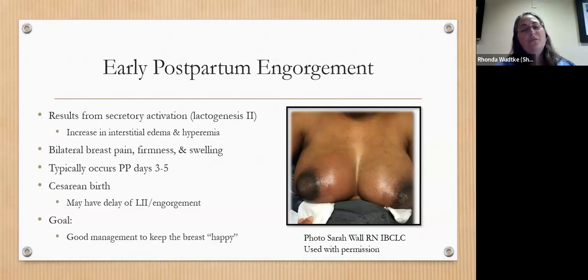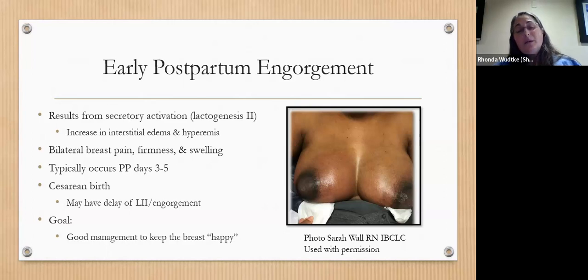That is the new term for lactogenesis 2. Lactogenesis 2, remember, is when that milk surges, or when some people will say when the milk comes in. I choose to use when the milk surges because colostrum is the first food, the first milk that our body produces, and I don't want parents to think that they don't have milk yet when they're feeding their babies.